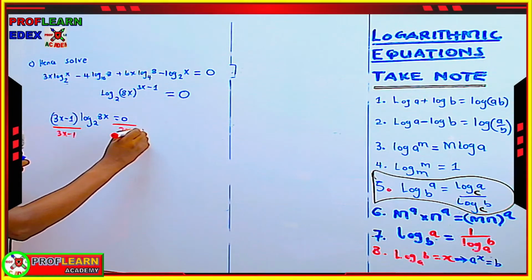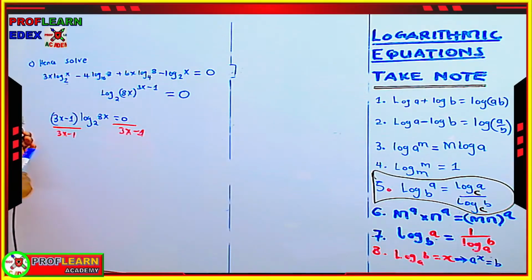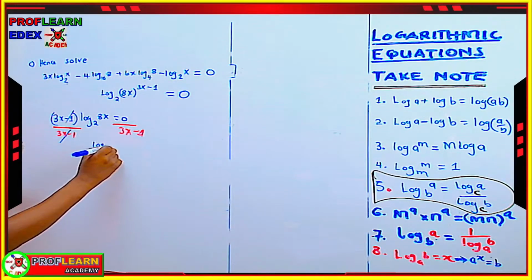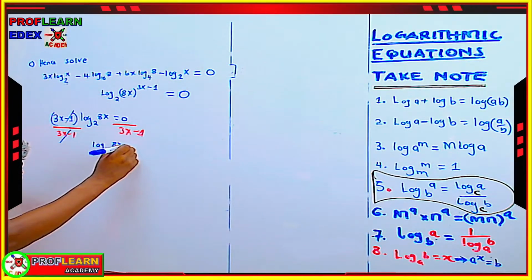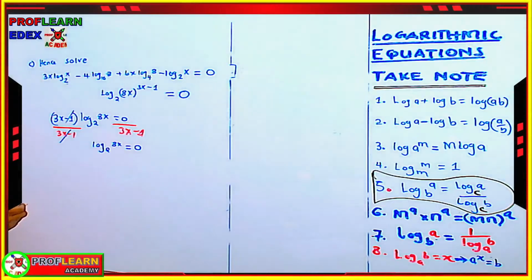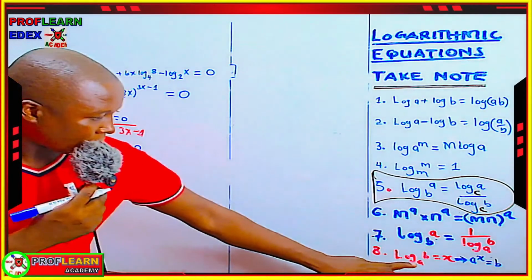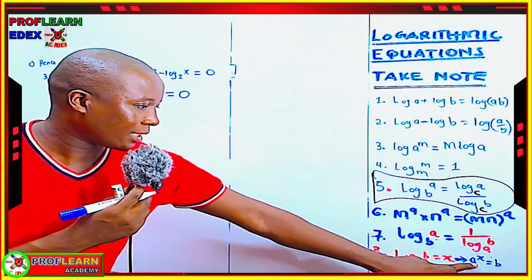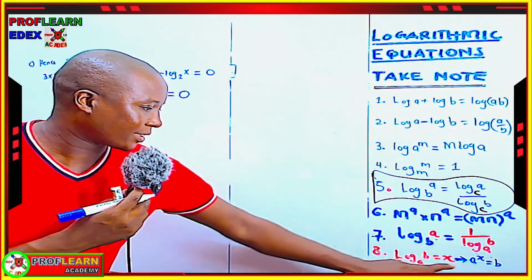8x raised to power 3x minus 1 is equal to 2 raised to power 0. If you write that, it's going to be 8x to the power 3x minus 1 is equal to 1.